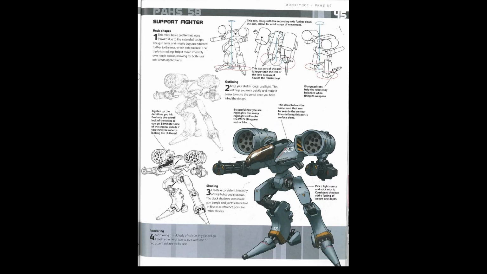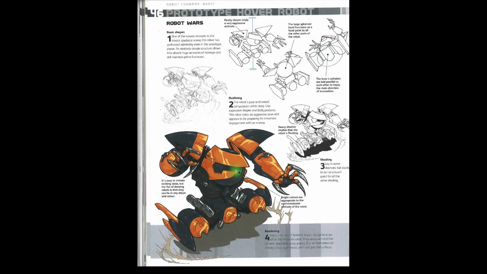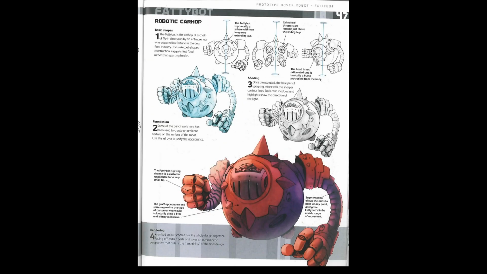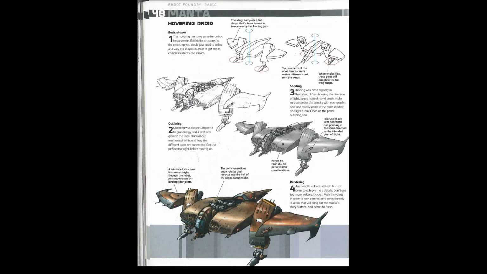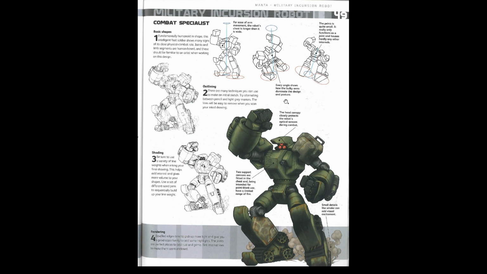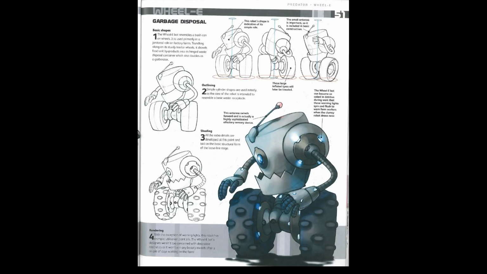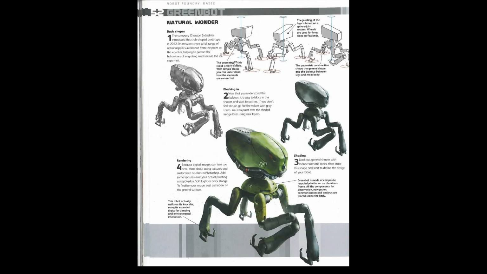Here is another example using the primitives, and then the artist went in and added in the detail to his illustration. I can carry on going through this book and show you how they take primitives like this cool hovering droid here and add in details. The same principle gets taken into 3D. So you would block out your shape or your character, like this cool droid here, using your basic primitives.